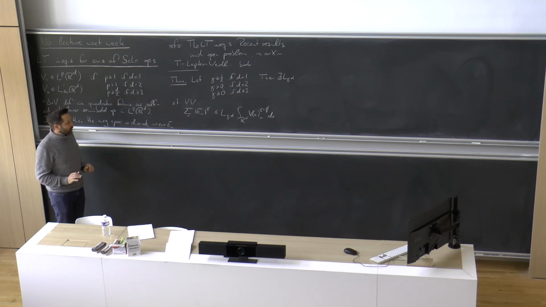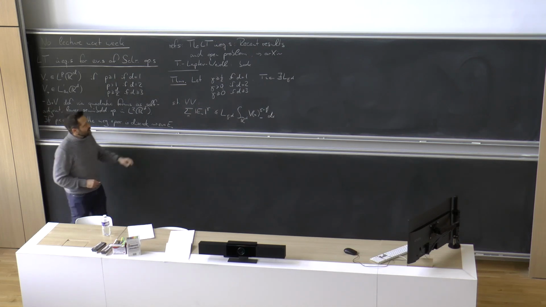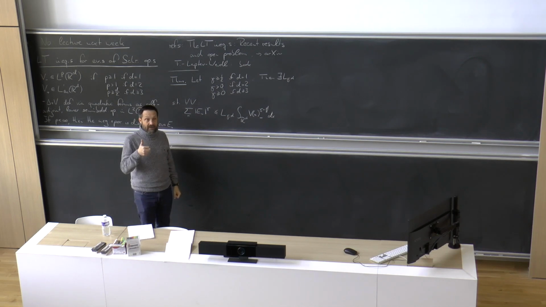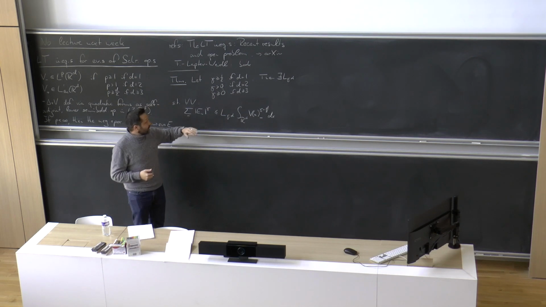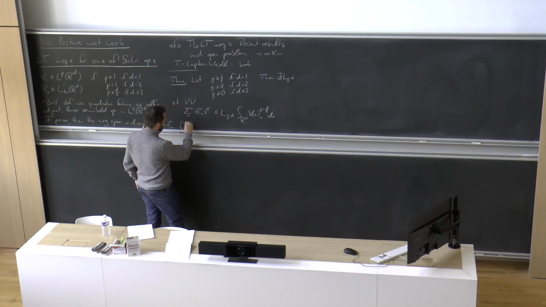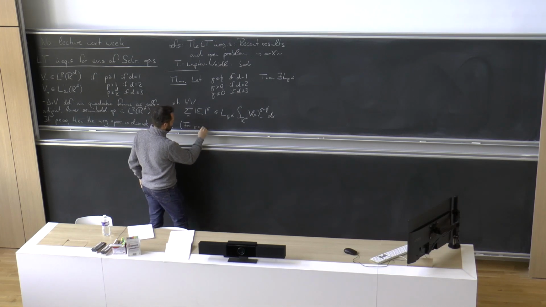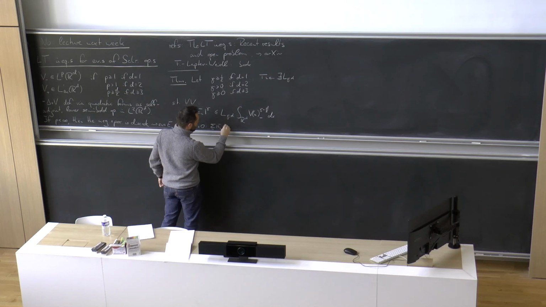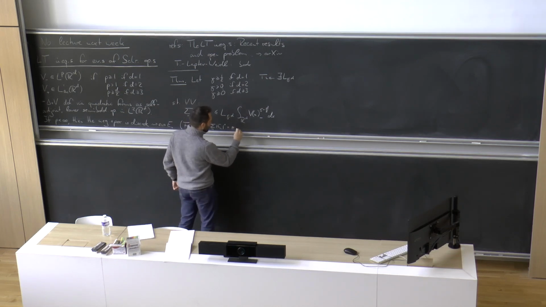Now let me make a couple of remarks. The first remark is that gamma equal to 0 is allowed in dimension 3 and higher. What does it mean? Well, whenever you have an eigenvalue, you count 1. So in other words, gamma equal to 0 means that you have a bound on the number of negative eigenvalues. For gamma equal to 0, the sum of e_n to the 0 is equal to the number of negative eigenvalues.